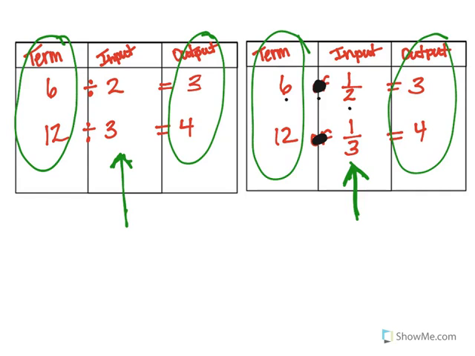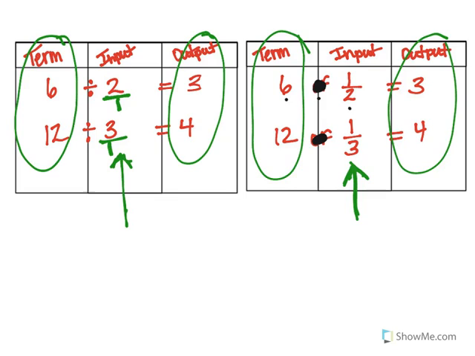So most kids would say, well, the left side has whole numbers, the right has fractions, and another difference is that we're doing different operations. Well, you're right. Let's convert this into a fraction. How do I make 2 wholes look like a fraction? Put it over 1. How do I make 3 wholes look like a fraction?